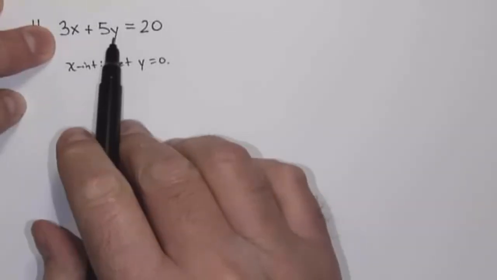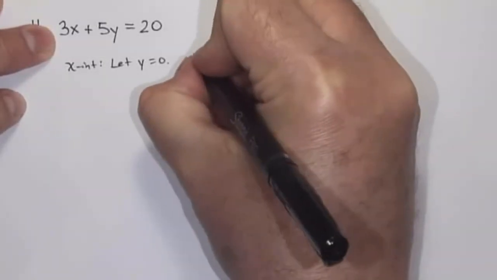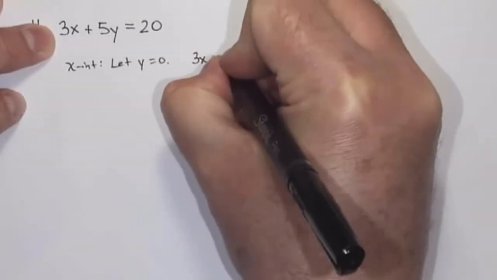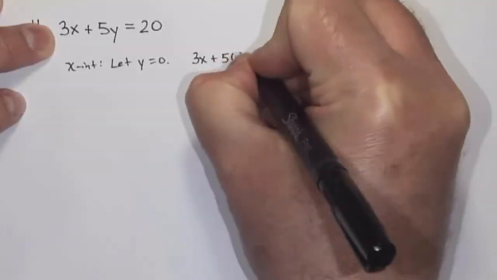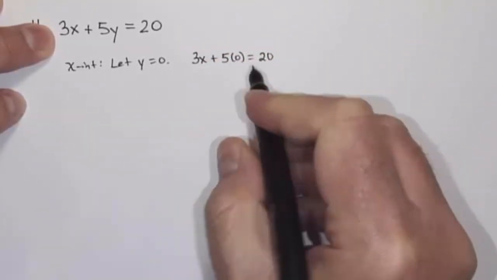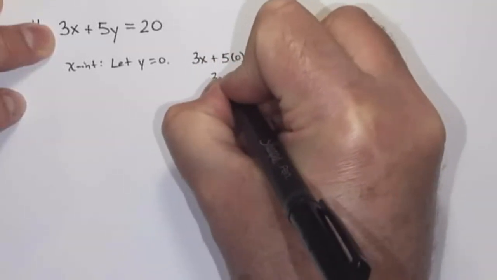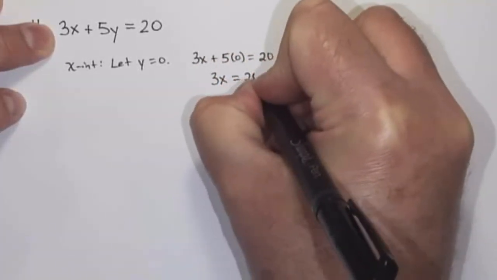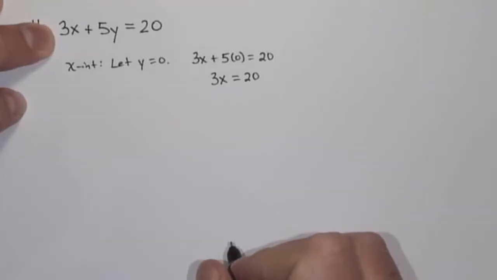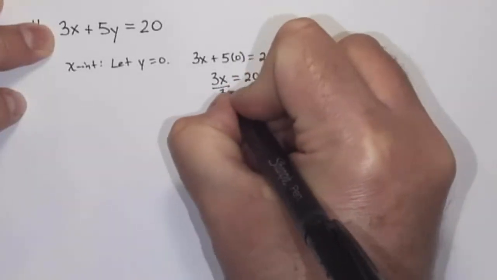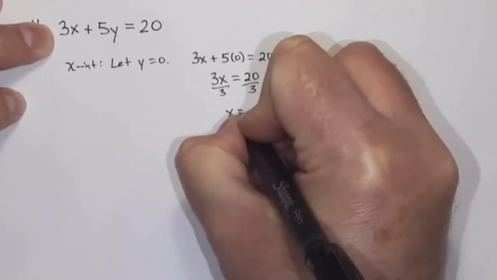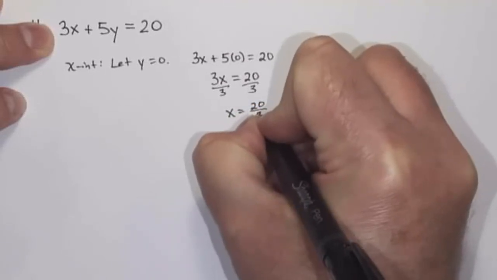So if I let y equal 0, then I'm going to have 3x plus 5 times 0 equals 20. Well, 5 times 0 is just 0. So on the left-hand side, we're going to have just 3x. So we have 3x equals 20. And so if we divide by 3, x equals 20 thirds.